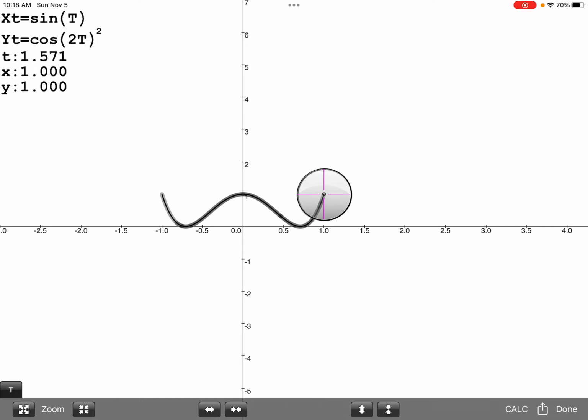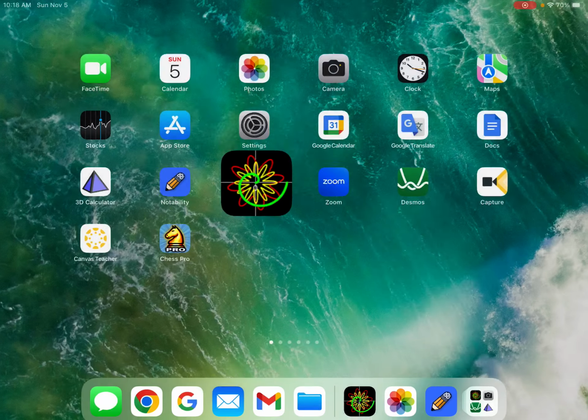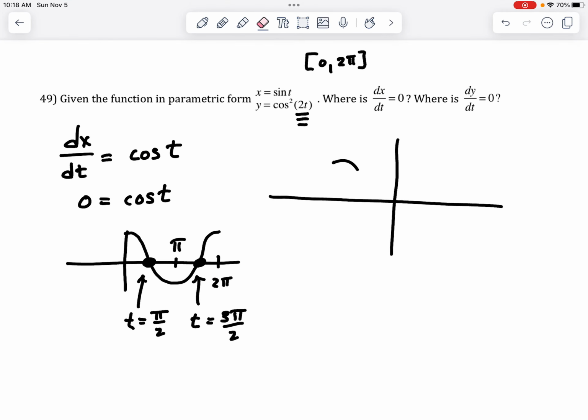It has to stop for a moment, and then it has to go back. So this is a place where the dx/dt is equal to 0. And the other place would be way over here on the left. Okay, so we have pi over 2 and 3 pi over 2 for the derivative of the x part.